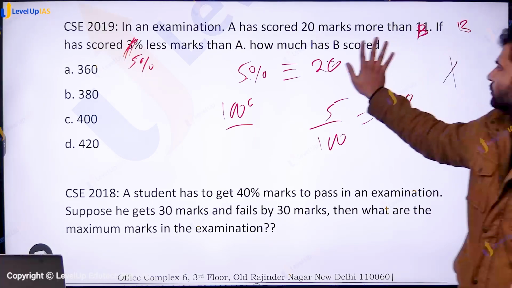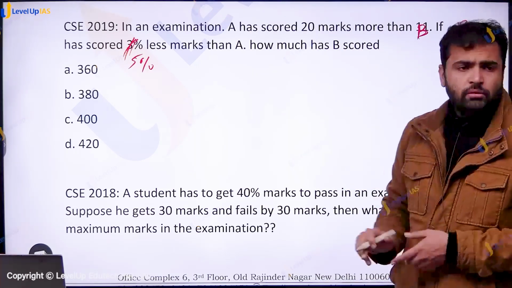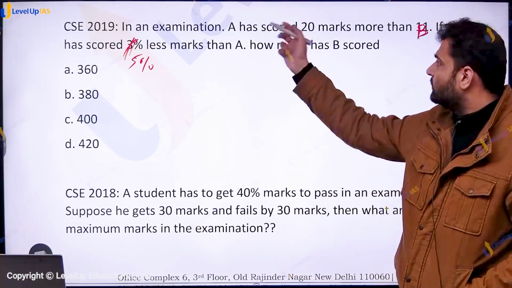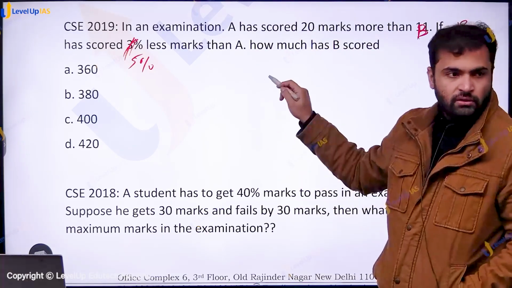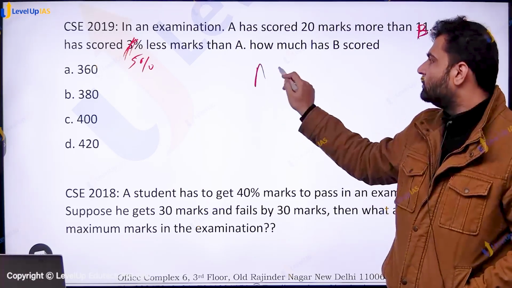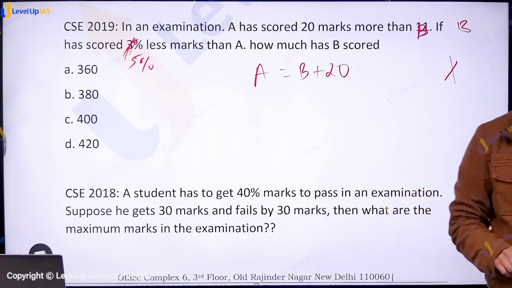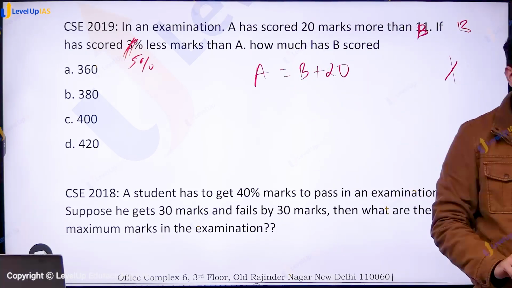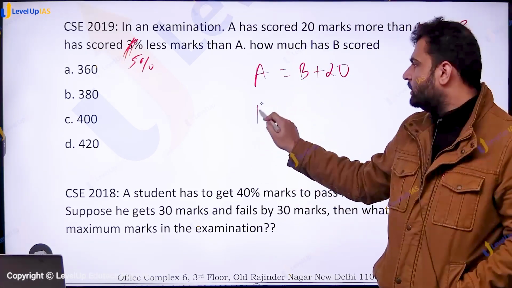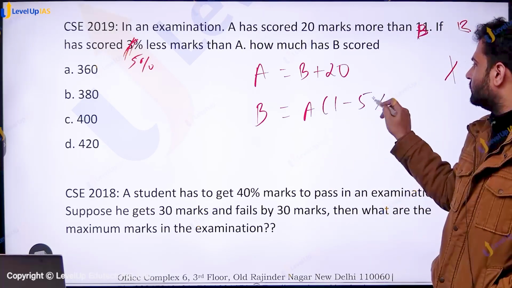If this is too much confusion, all you can do is write down the equations. First equation is, A has scored 20 more marks than B. So A is equal to B plus 20. And the second equation is, B has scored 5% less marks than A. So B is equal to A into 1 minus 5%.